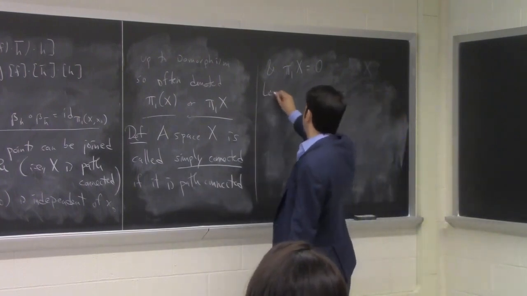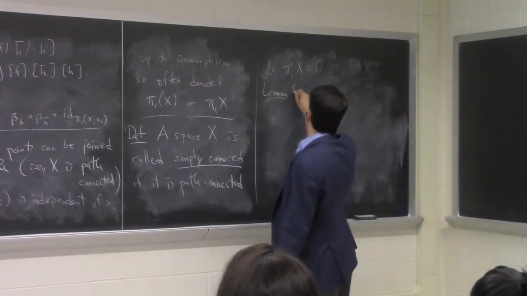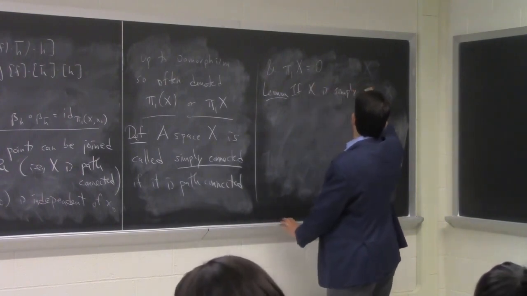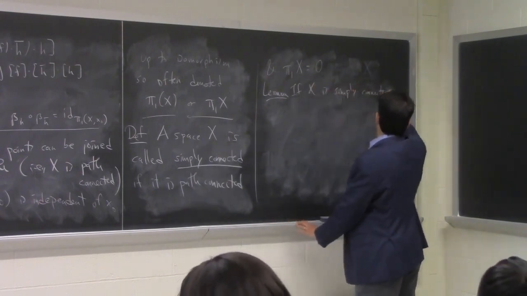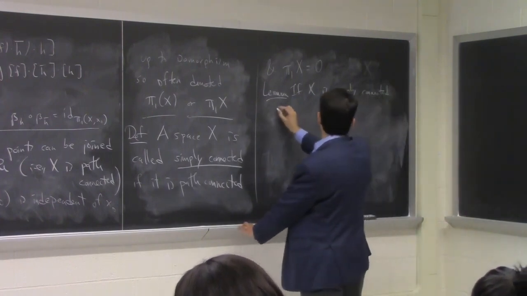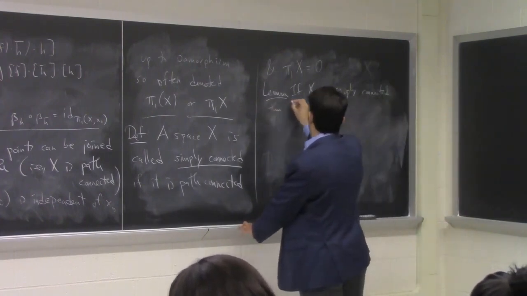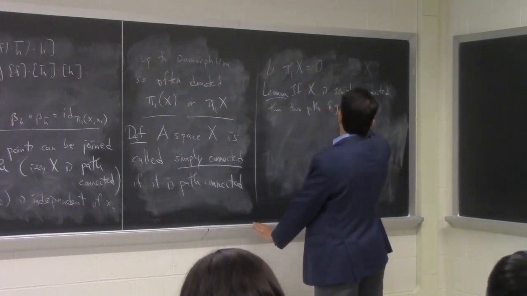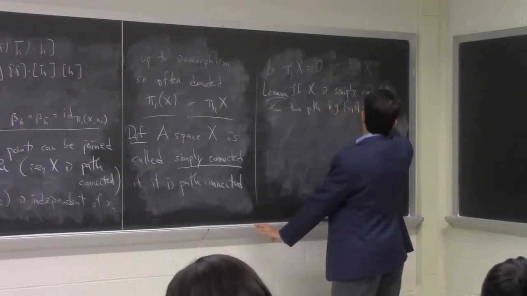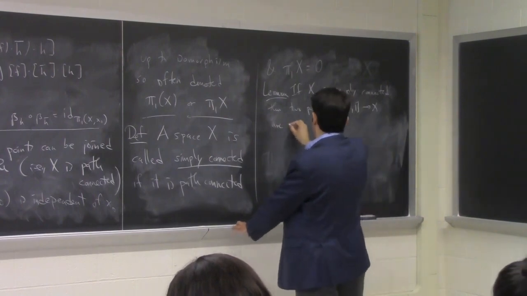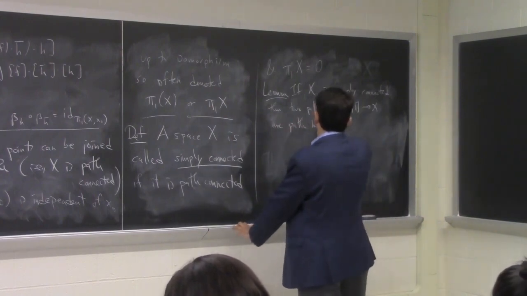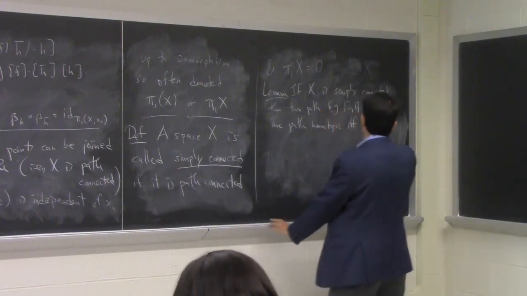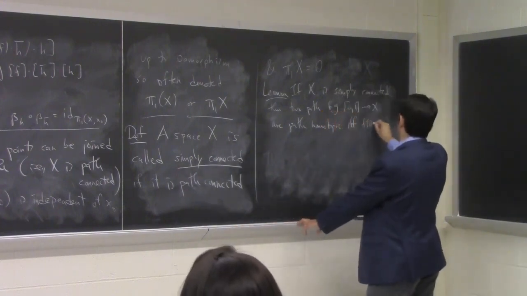So if X is simply connected, then two paths in X are path-homotopic if and only if they have the same endpoints.